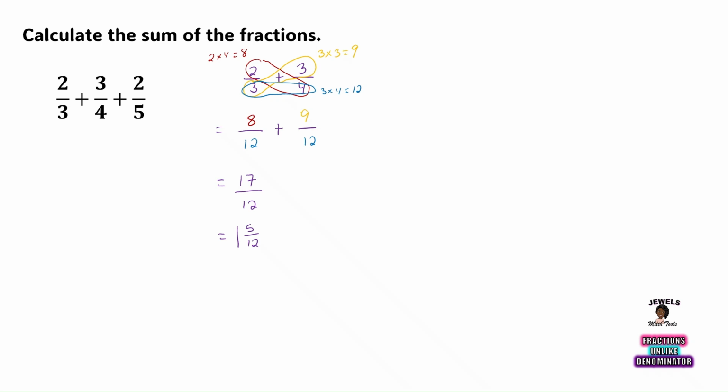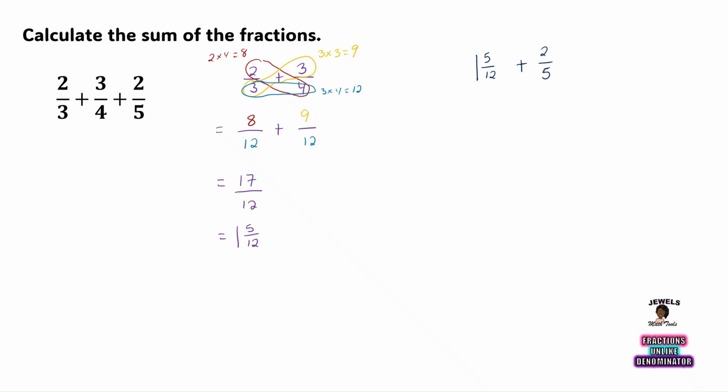So now that I've converted my fraction into its mixed fraction form, I'm going to take my second step, because I still have another fraction left. I'm going to take my 1 whole and 5/12, and this will be added to my final fraction in my question, which is 2/5.